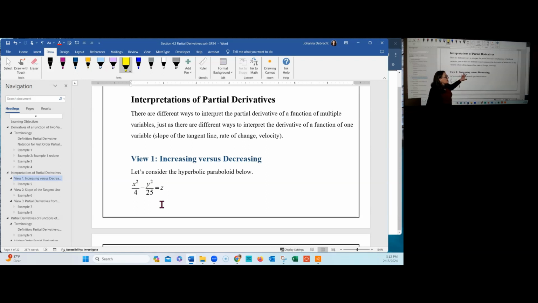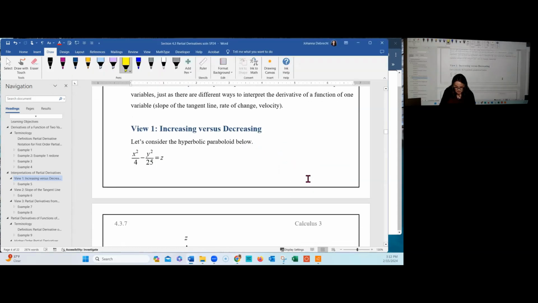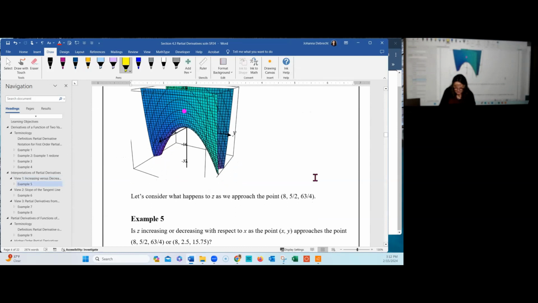One of them is as increasing versus decreasing. We're going to take a look at this hyperbolic paraboloid that you see here. The hyperbolic paraboloid, of course, looks like this, sort of a saddle shape, I guess you could call it. Let's take a look now at an example of this.